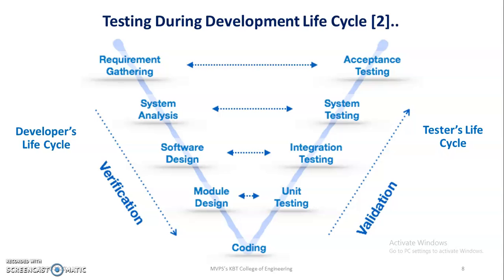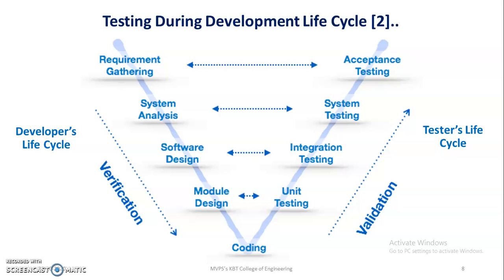Now, this diagram is also called the V model. The V model is an SDLC model where execution of the processes happens in a sequential manner in a V shape, and it is called the V model because this model is nothing but the verification and validation model.